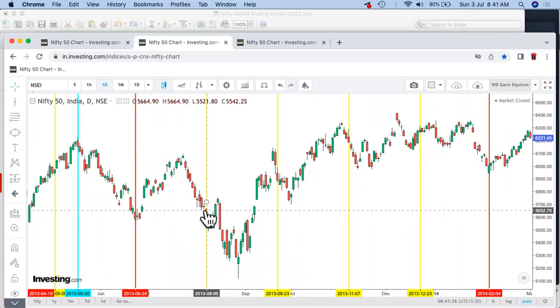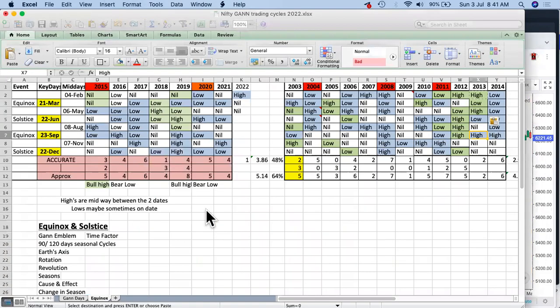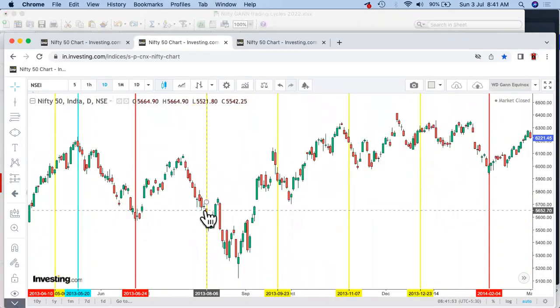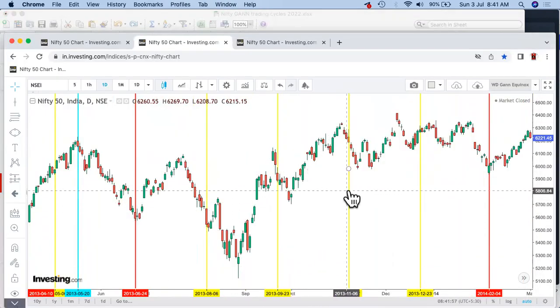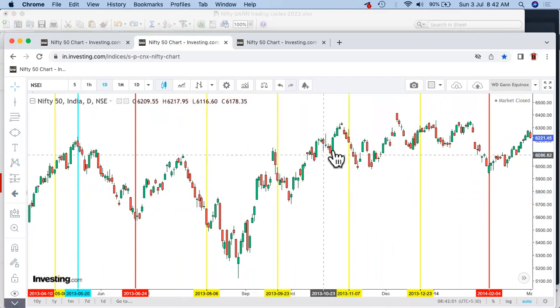This date again has been skipped, 8th of August. 23rd of September is again nil. Right, this is nil. Again, this is nil. Right, 2 days adjustment makes me a high to high.